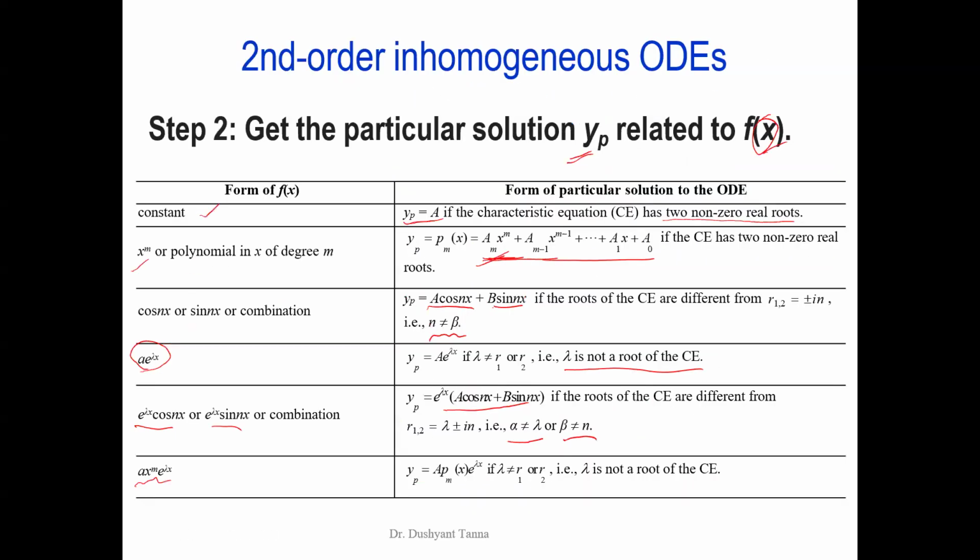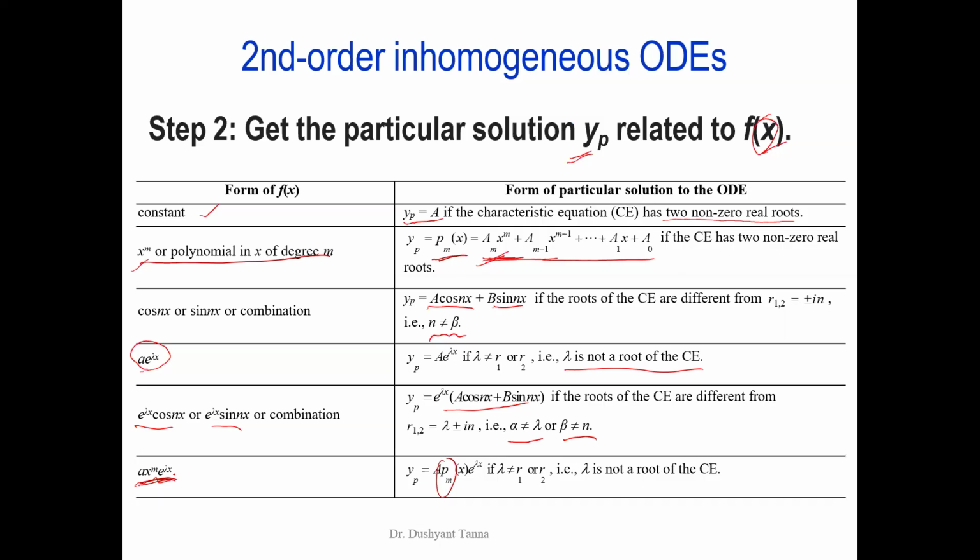So this is the case where you have some constant and x power. What is this Pm? This Pm is the same as this Pm, a polynomial of degree m. Depending on what you have here, you will replace your polynomial.